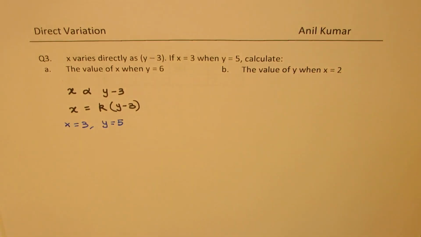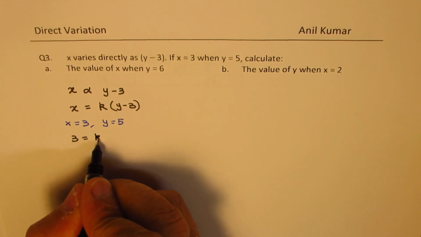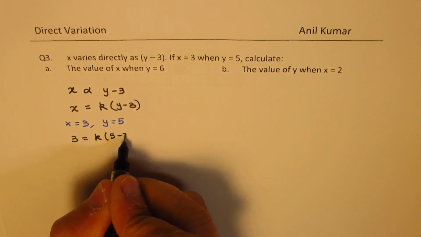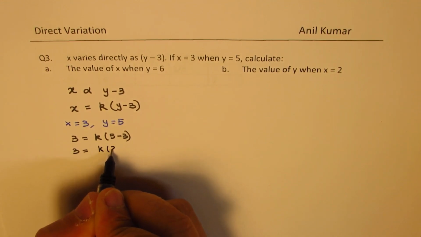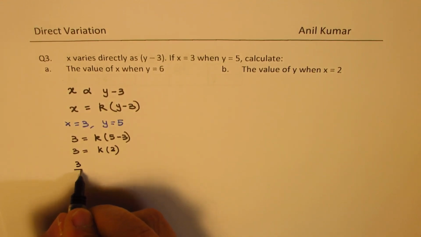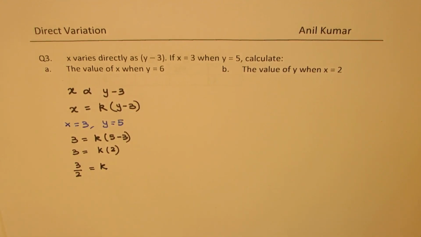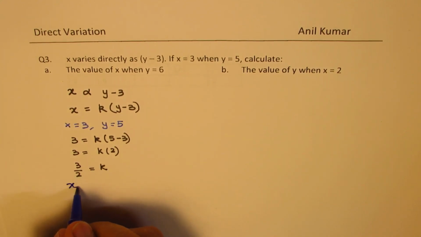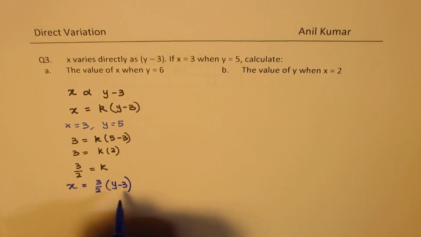So we are going to substitute this value here. So we get 3 equals k times 5 minus 3, or 3 equals k times 2. So from here we get 3 over 2 is equal to k. And that gives you the equation. The equation can now be written as x is equal to 3 over 2 times y minus 3.